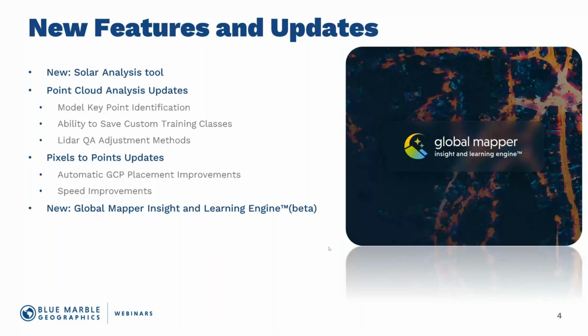We'll talk about some continued updates to pixels to points, and then we'll wrap up taking a look at the new insight and learning engine that has some of our new deep learning tools in it. And so with that, I think, Mac, I'll let you take the screen and start us off.